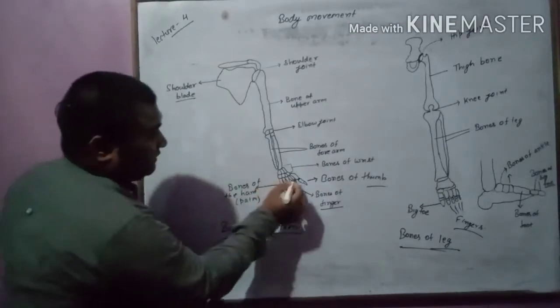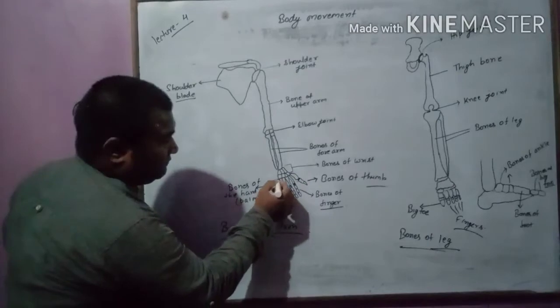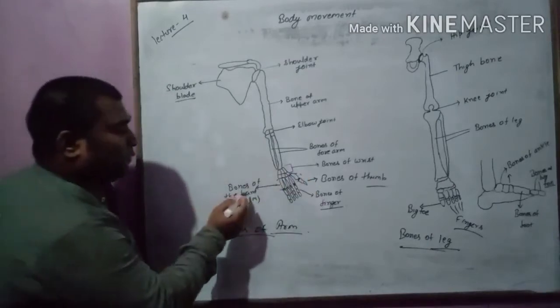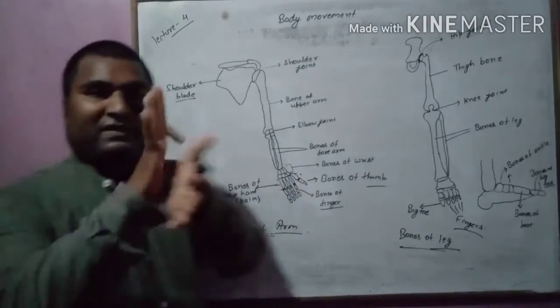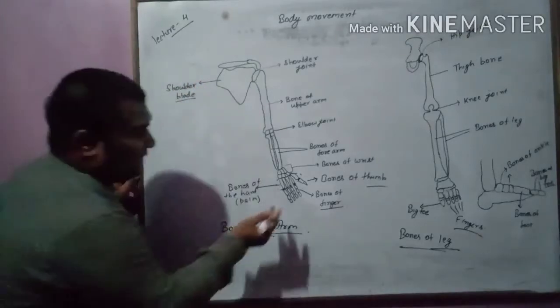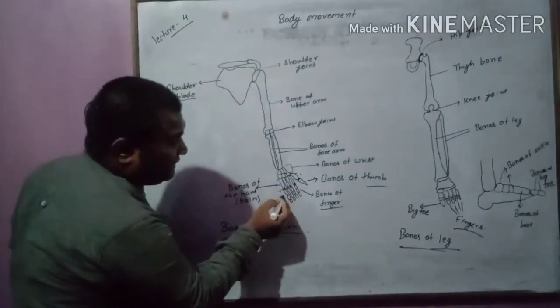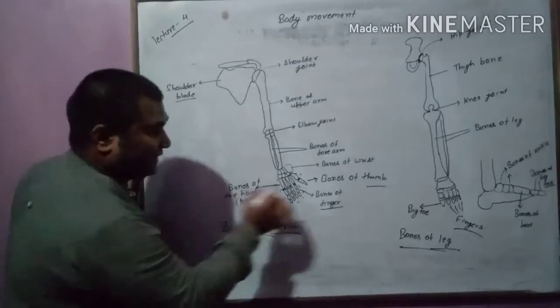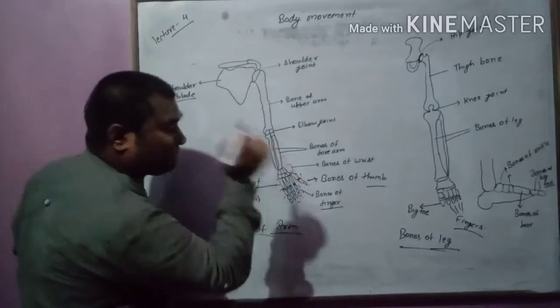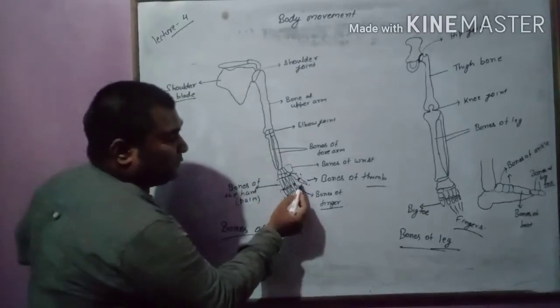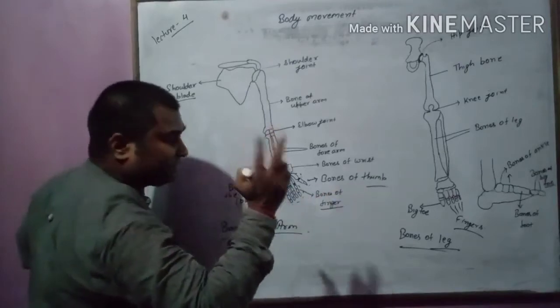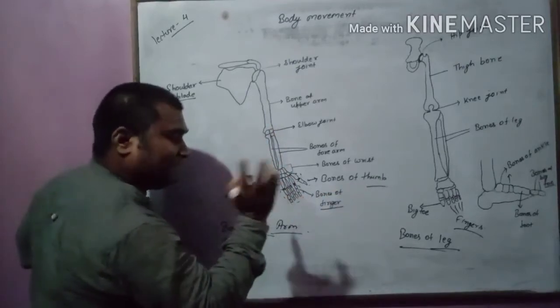This one is the bones of the palm, hathelika, and here you see the bones of the finger, and this is the bones of the thumb. I have told you in the thumb there are two bones, and in the finger there are three bones.